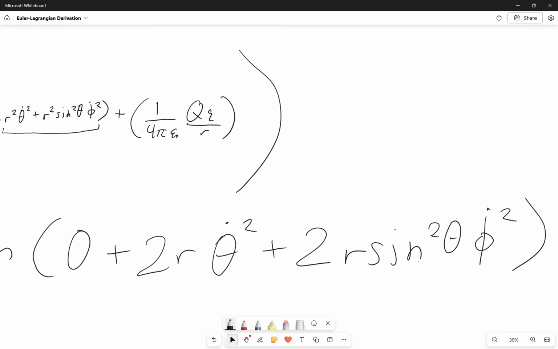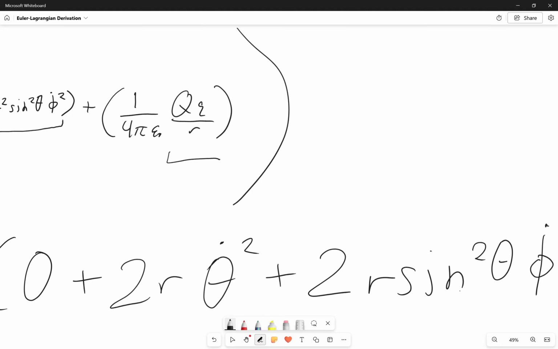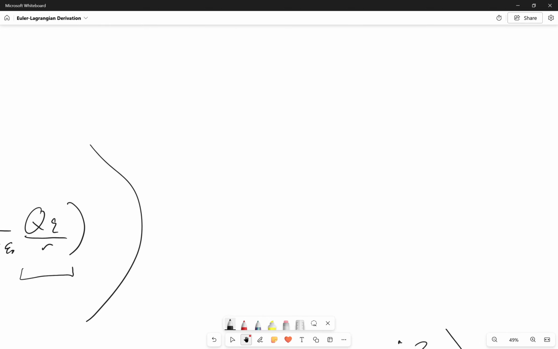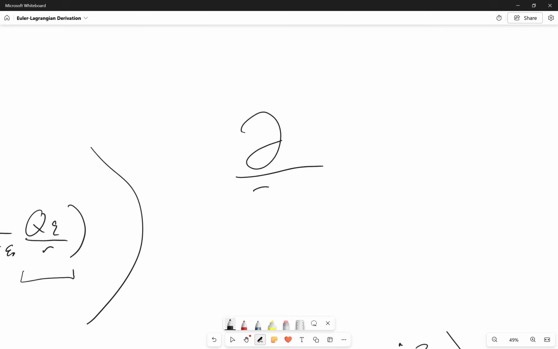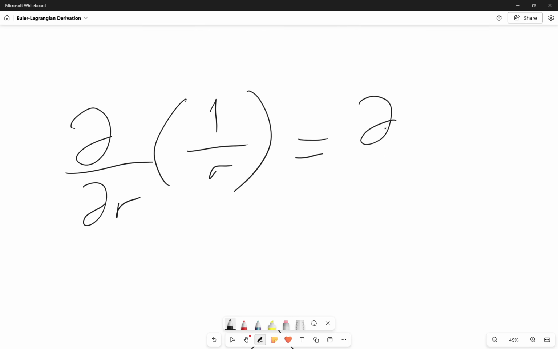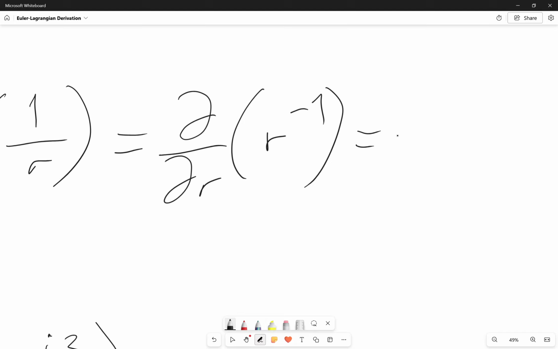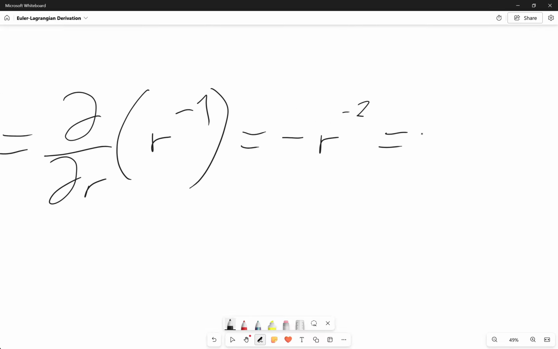Now we're going to differentiate this right here. We're taking the partial derivative of 1 over r, which is taking the partial derivative of r to the negative first power, and that will equal negative r to the negative second power, which equals minus 1 over r squared.